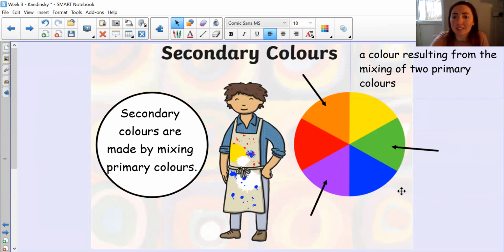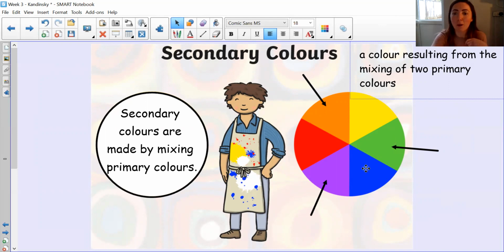Okay, so here I'm pointing to the secondary colours because, as we know, we've just found out that yellow, blue and red are the primary colours. If we mix red with yellow, we get the secondary colour of orange. And if we mix the primary colours yellow and blue, then we get the secondary colour of green.